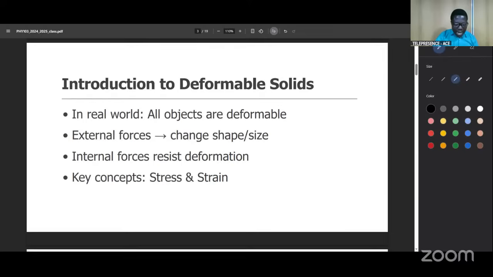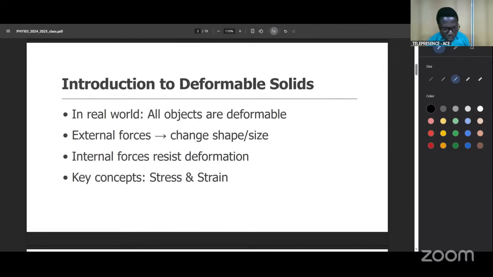So when you have a material, an object, and you know the area, and there's an external force applied to it, you can calculate the stress the material has gone through, or is going through if the force is still on the material.